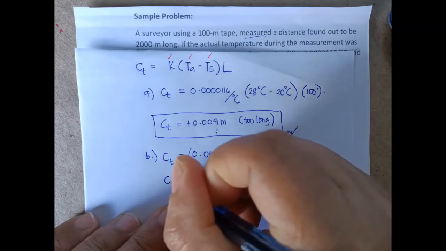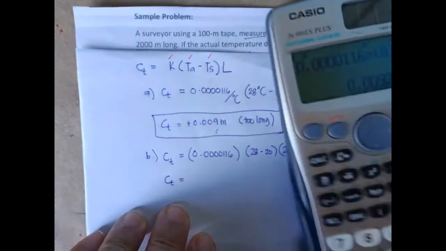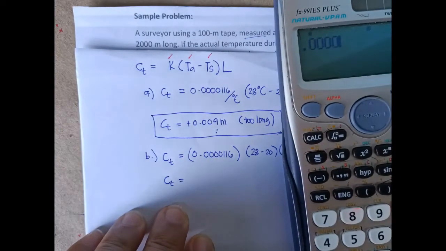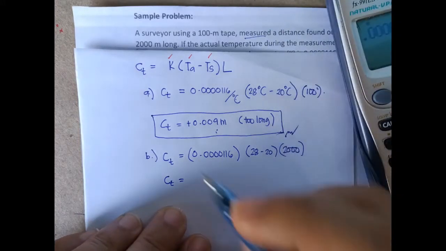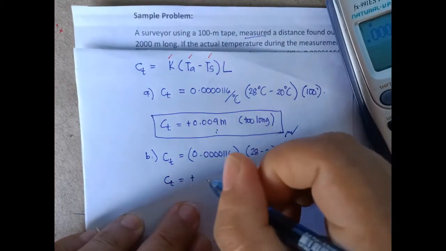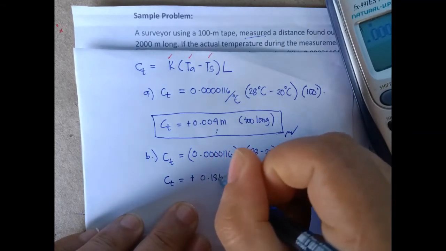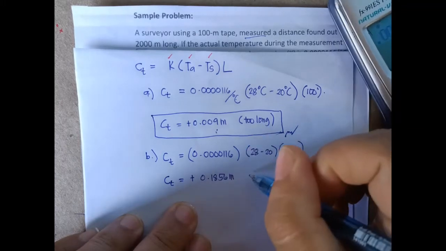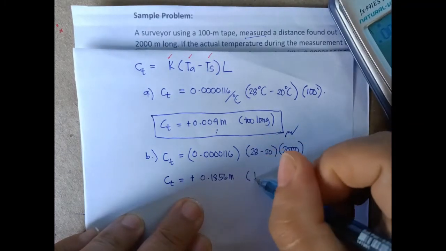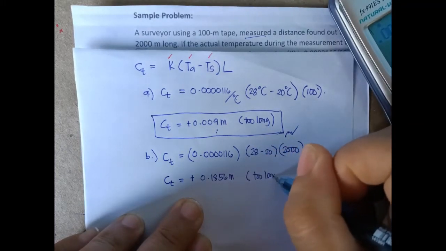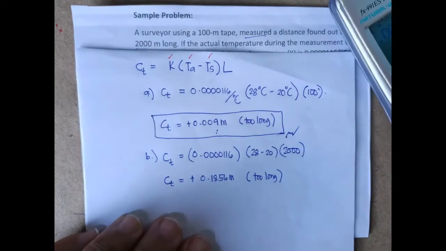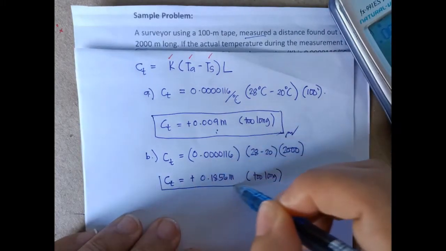So CT is equal to 0.0000116 times 8 times 2,000, and it gives us a positive 0.1856 meters. Again, the positive indicates that the tape is too long. So this is the answer for B.